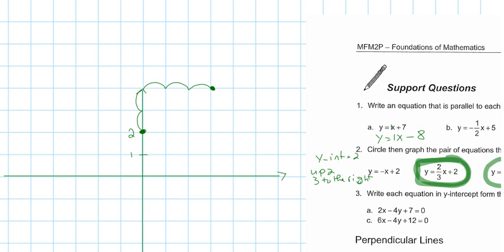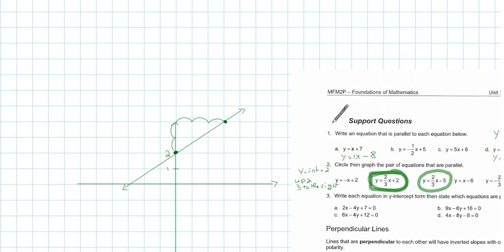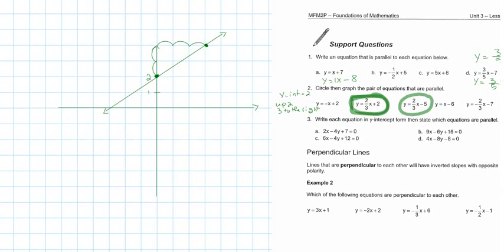So I went from my y-intercept, I went up 2, and then over to the right 3. So this is my first equation, which is y equals 2 over 3x plus 2.